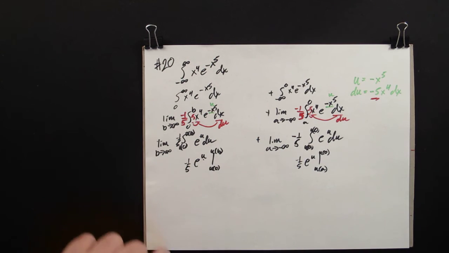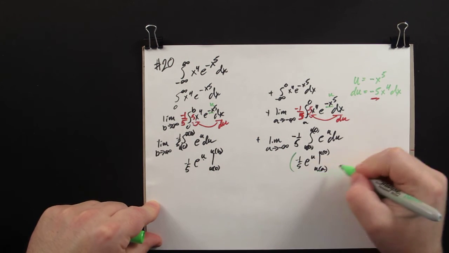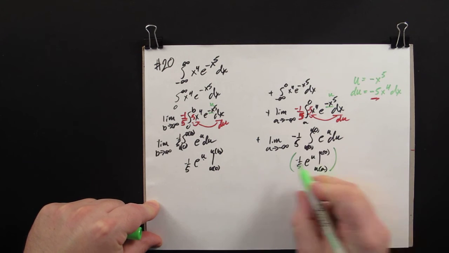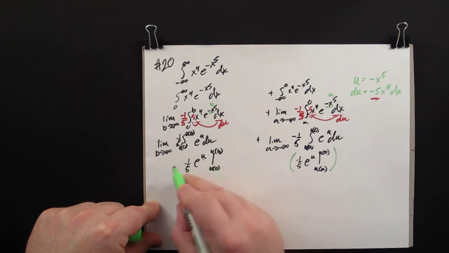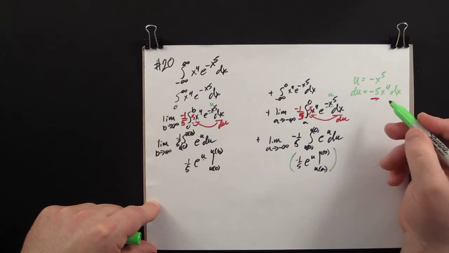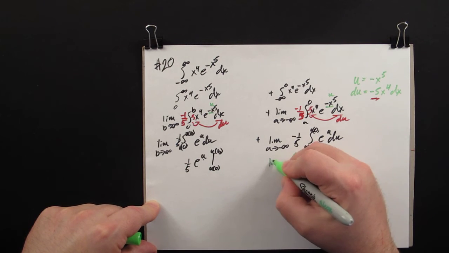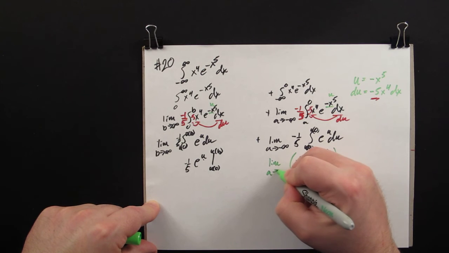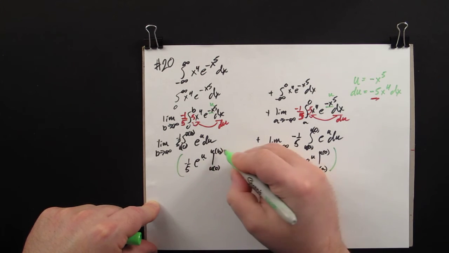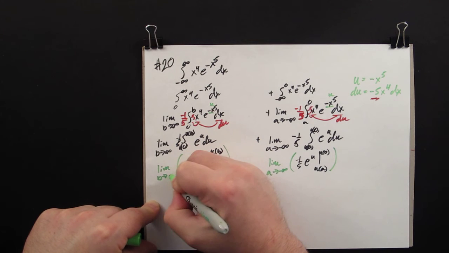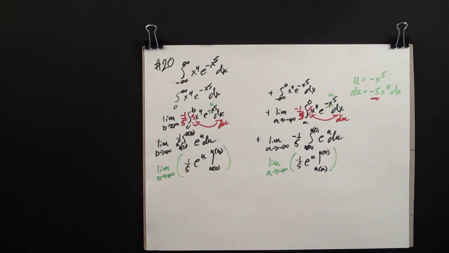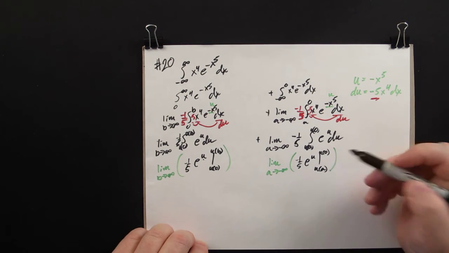Now this is important. We have to evaluate this area, and this is in terms of u, but our original limits a and b were scaling with x, so we need to be aware of that. We're going to evaluate these first and then plug in the limit. To do that, it's better to change this back to x.